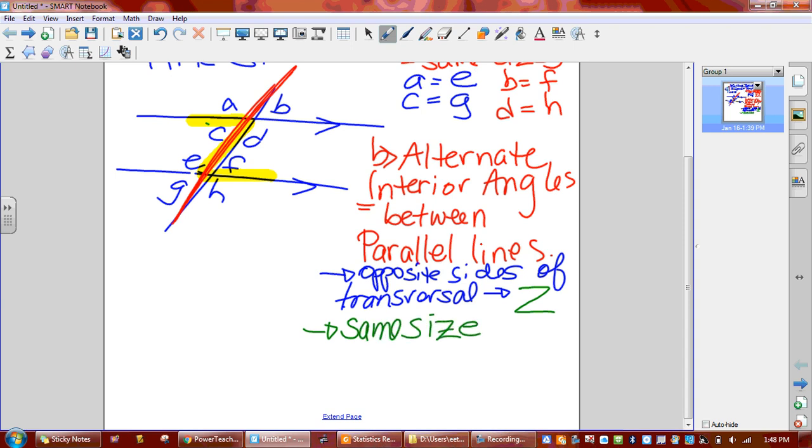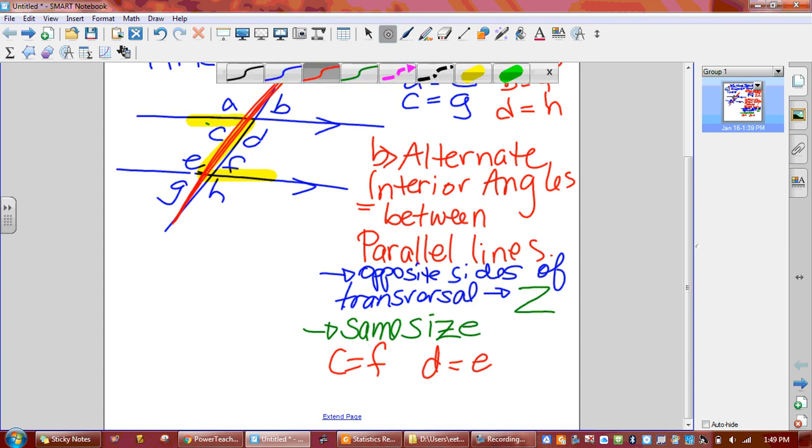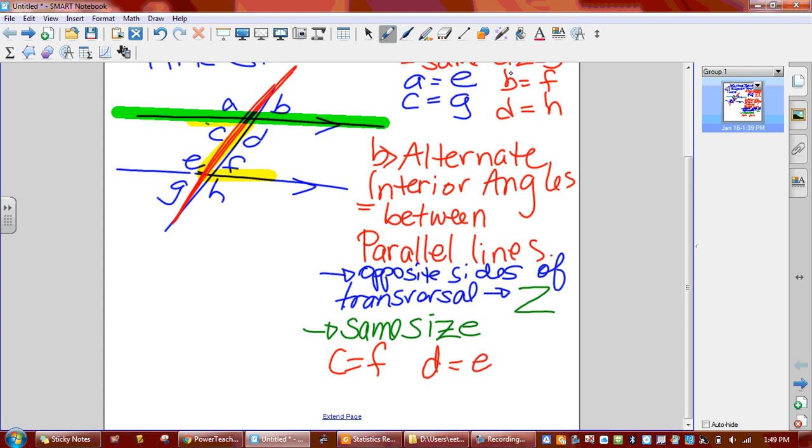So we've got C matches F. Those are your interior alternates because they're part of that Z. We also then have D and E that match. Okay, they're on opposite sides, but they're in between the parallel lines. Okay? So in between the parallel lines, what I mean is they're in between these two lines. So they're found in there, in the middle. Okay, that's what I mean.